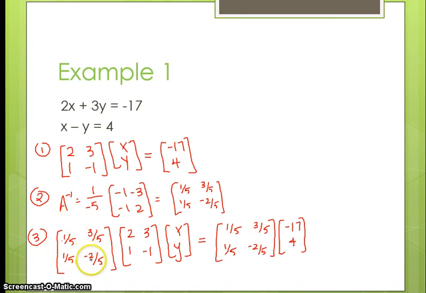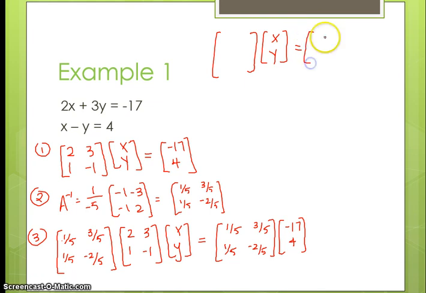Then I'm going to start multiplying, and I'm actually going to write my answers up here. So on the left side, I should end up with a 2 by 2 matrix times my xy equals, and on the right side, I should end up with a 2 by 1 matrix. So on the left side, I do 1/5 times 2, so that's 2/5 plus 3/5 is 1. 3/5 plus a -3/5 is 0.